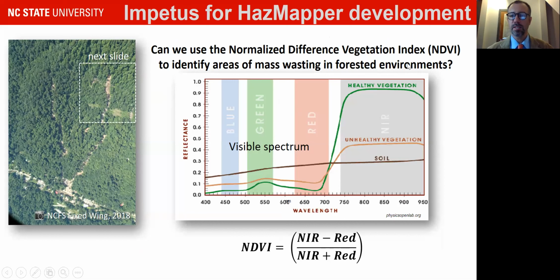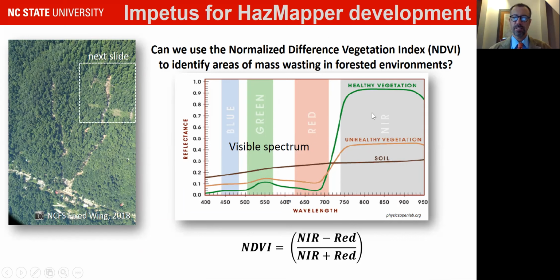One of the things we wanted to do when working in these environments is to see if we can remotely identify these types of mass wasting features. So we turned to the normalized difference vegetation index to identify potential areas of mass wasting in these heavily forested environments.